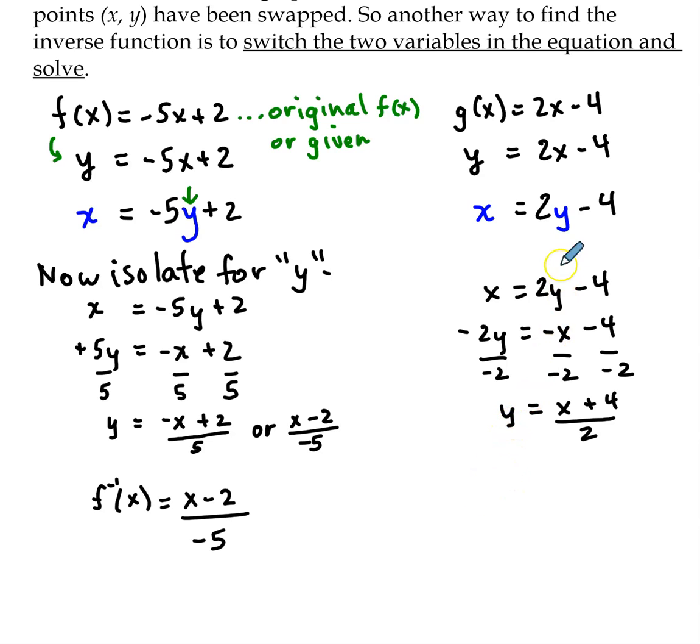Our y is not actually the y we started with, so we replace it with the inverse notation. And so you notice that that's exactly what we generated in our first examples.